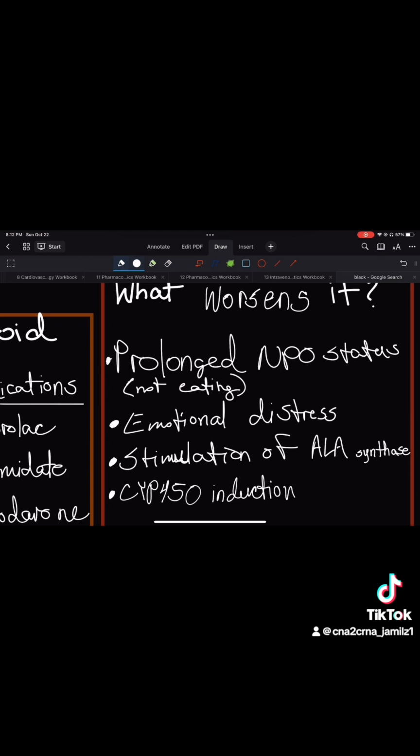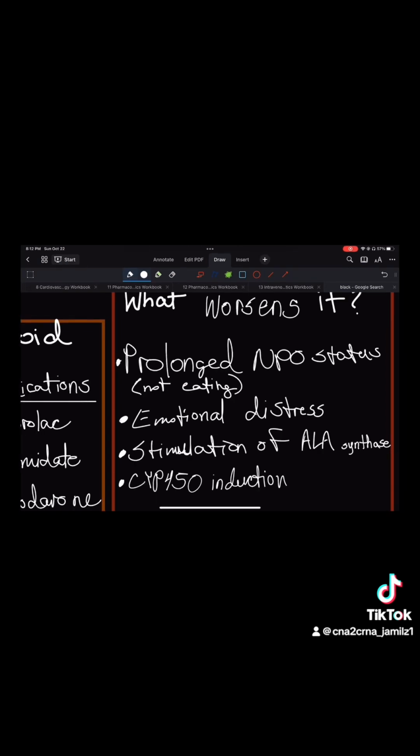It's important to know about CYP450 induction and stimulation of ALA synthase because some of the things that we give in anesthesia can actually cause both of these things, like barbiturates. For example, we give methohexital or Brevital for ECT induction, so it's good to know if this patient has a history of AIP, because we do use a barbiturate for this particular procedure.